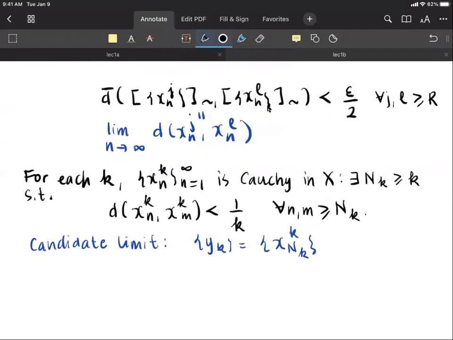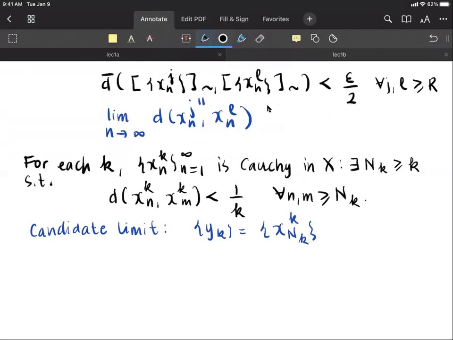By definition, you could see immediately that the distance between x_n^k, if I choose m to be n_k, then I should get y^k here.